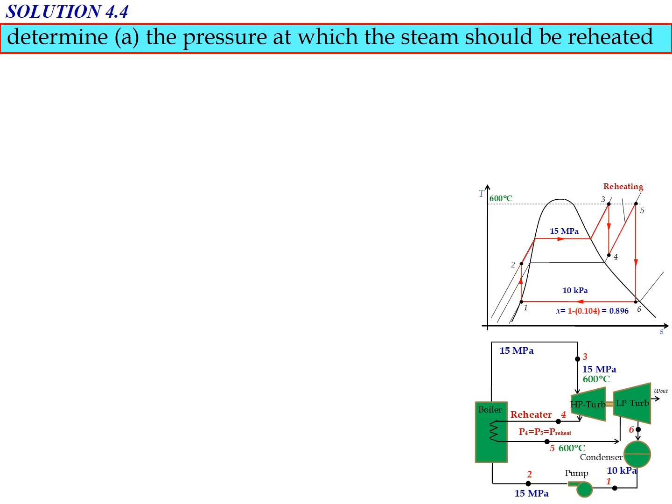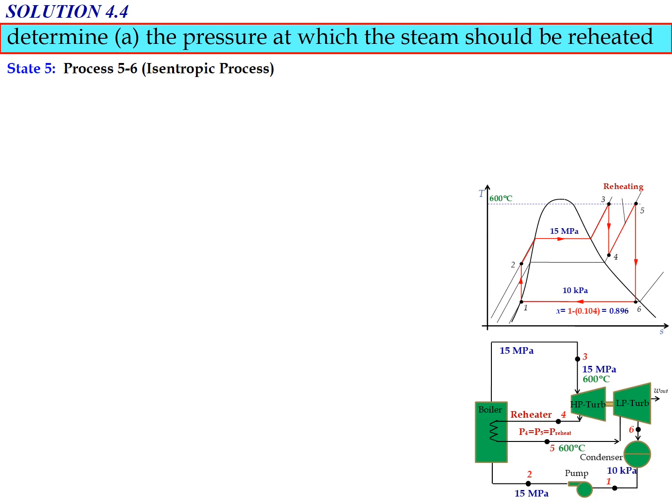If we can determine the pressure for state number 5, we have already answered question A, where question A asks you to determine the pressure at which the steam should be reheated, where the pressure actually refers to the value of P5.